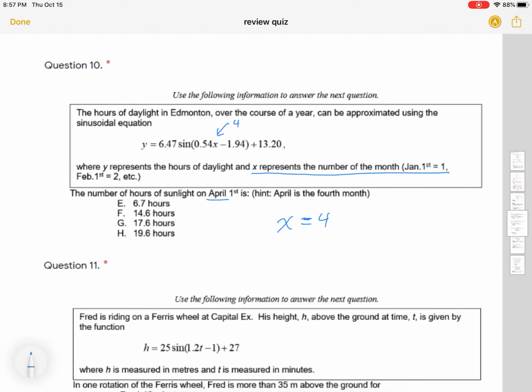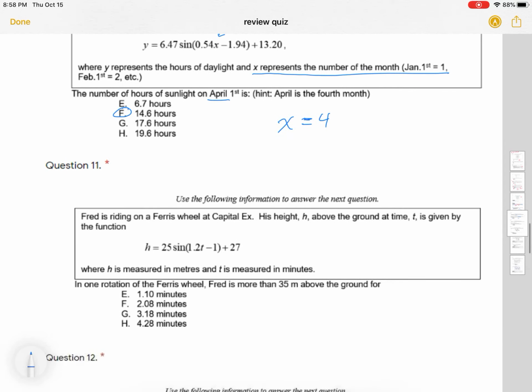Whether you graph it or not, you can substitute it in and calculate your answer. But what you should get when you substitute it in, so you make x equals 4 and you solve for it, you should get F, 14.6 hours. Okay, so in April we start getting longer days, really. Okay. Well, we actually start getting longer days in December, but you can feel it more in April. Question 11.